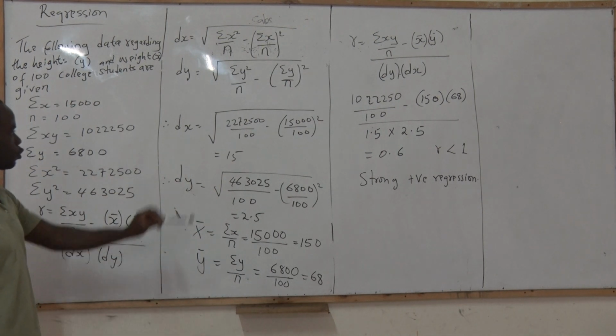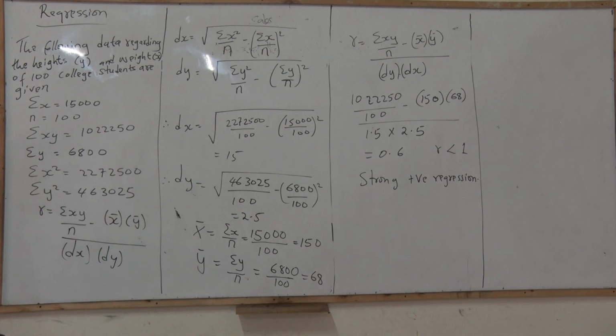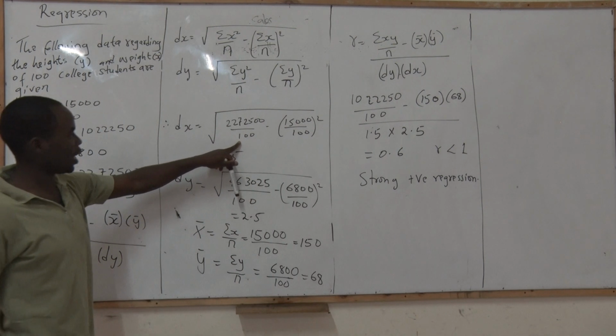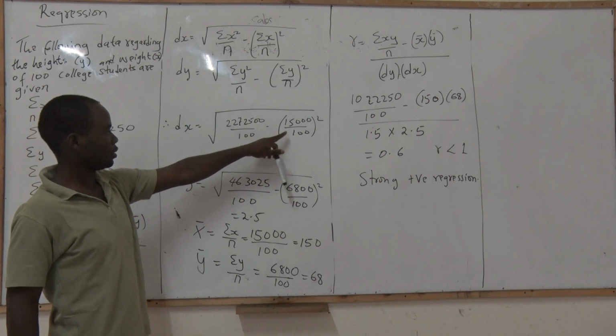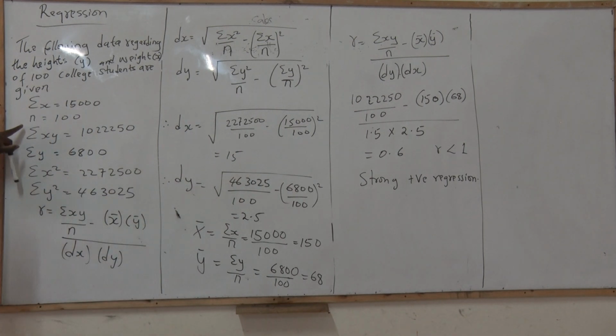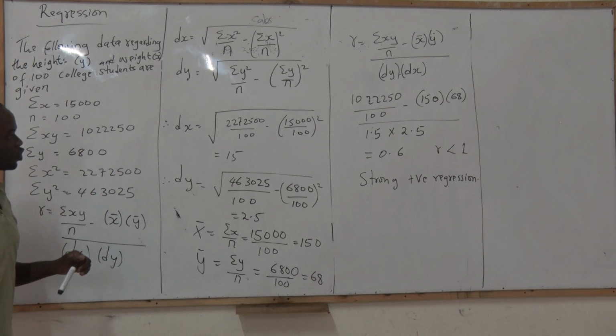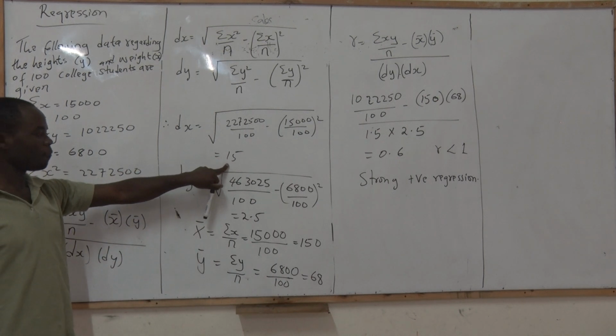So to calculate the dx, the sum of x squared is 22,500 divided by n, which is 100, minus the sum of x, 15,000, divided by 100, then we square. And we find the square root. If we do that, we get 15.